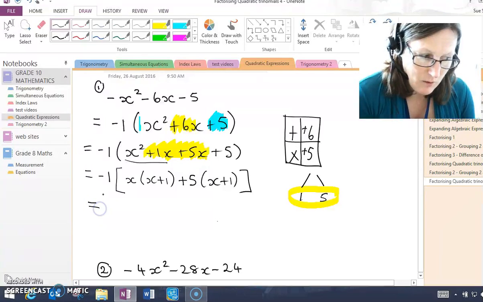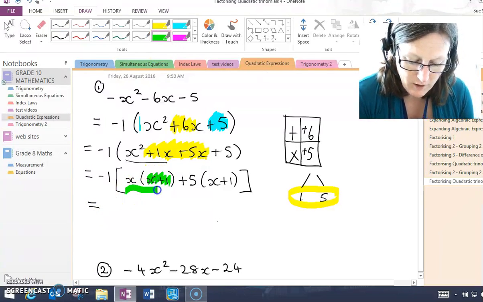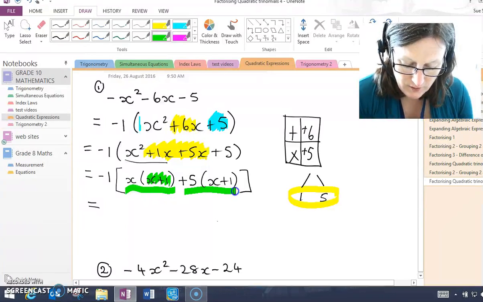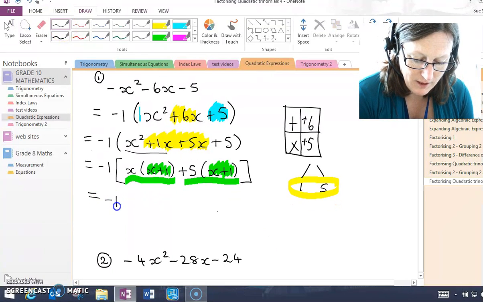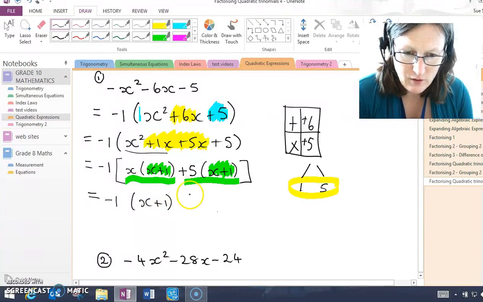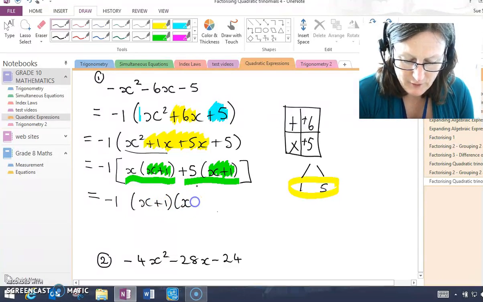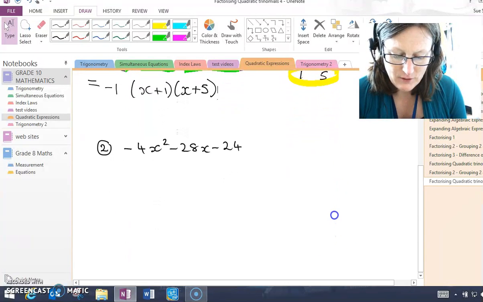You should be thinking, I'm on the right track now because I have two terms, 1, 2, and they both have something in common. What I've highlighted in green, the thing in the brackets. So I've got my negative 1, x plus 1, the thing in the green is common, x is left over from the first term in the brackets and 5 from the second term. So there's our answer.